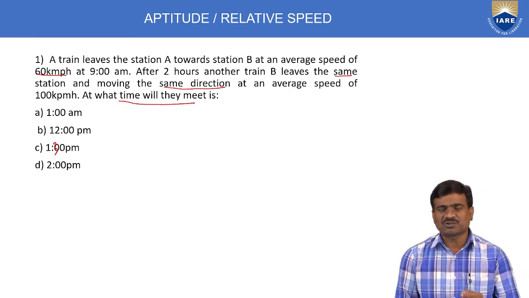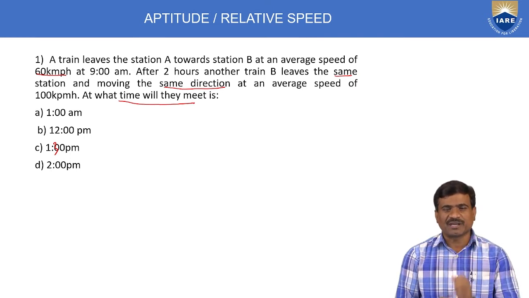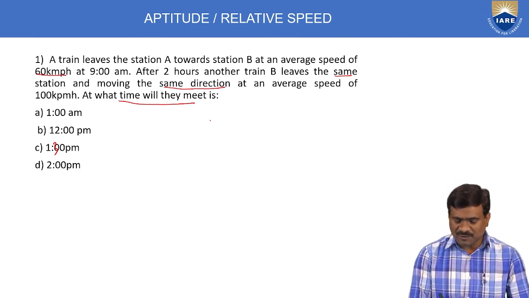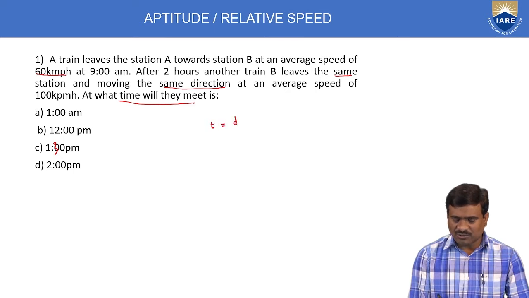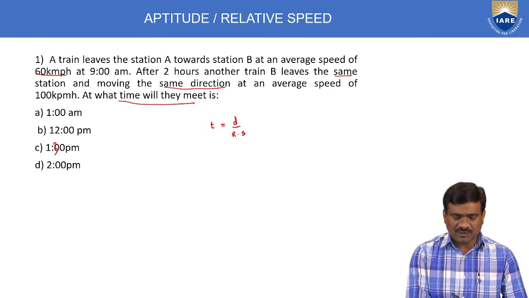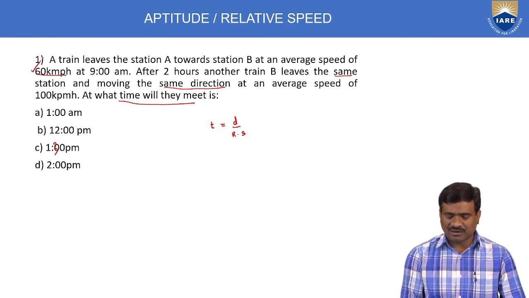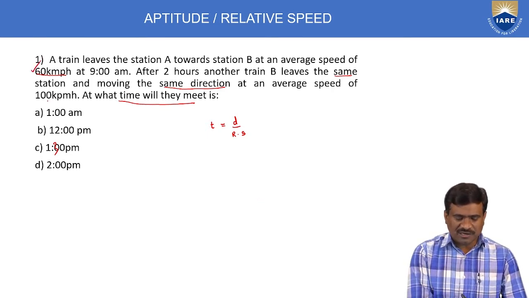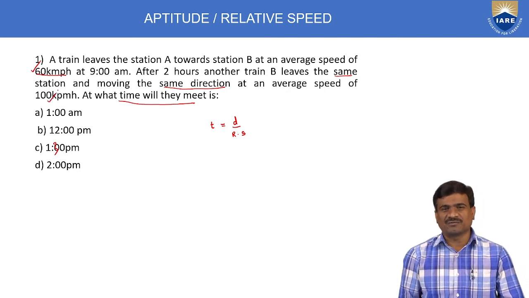Here we find at what time they will meet. Meeting type questions belong to relative speed. Meeting time is equal to distance by relative speed. Train A's speed is 60 km per hour and train B's speed is 100 km per hour.